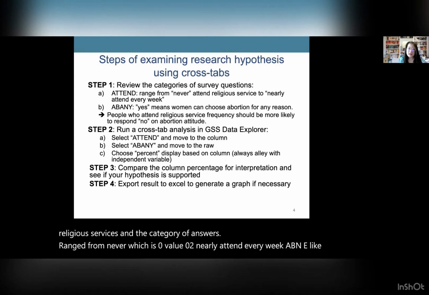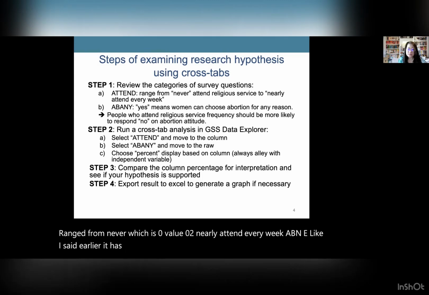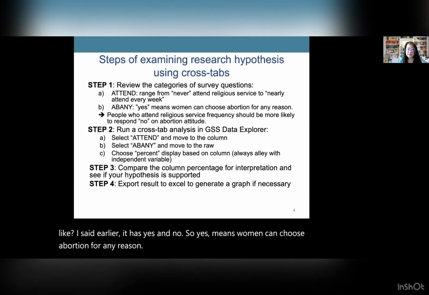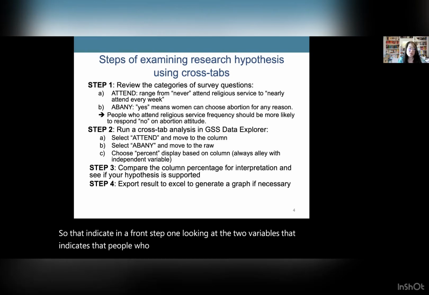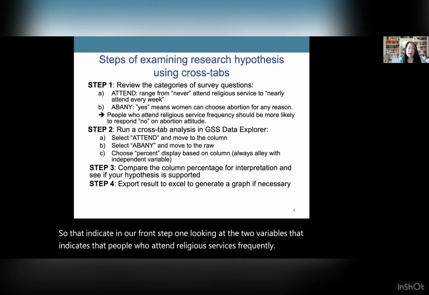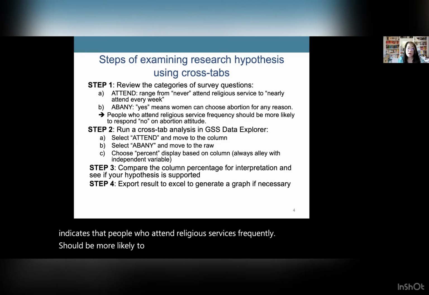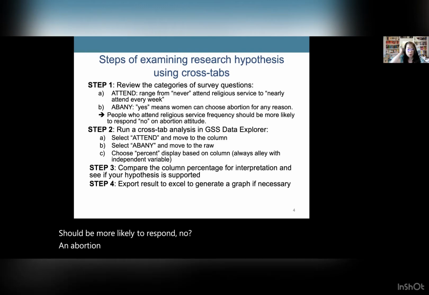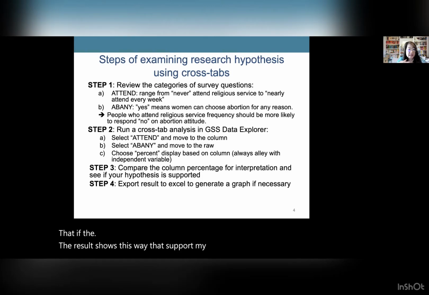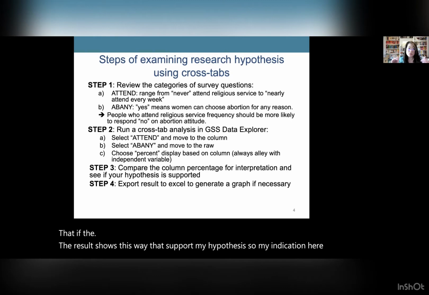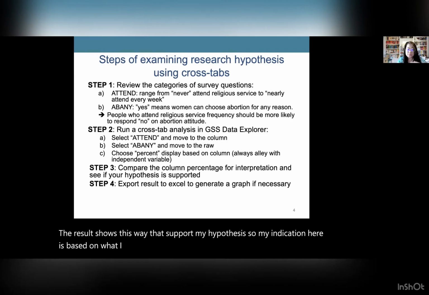AB any has a yes and no. So yes means women can choose abortion for any reason. So that indicates, from step 1, people who attend religious services frequently should be more likely to respond no on abortion attitude. If the result shows this, that supports my hypothesis. My indication here is based on what I hypothesized originally.